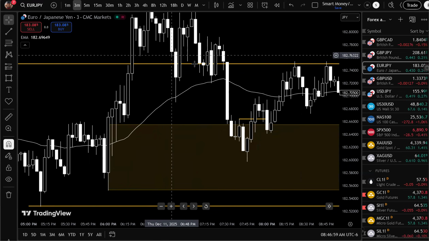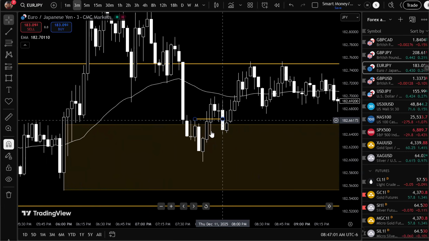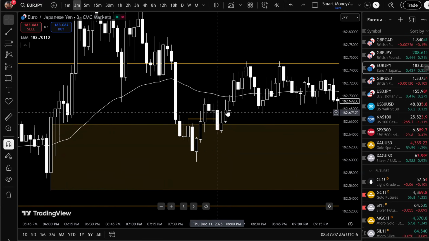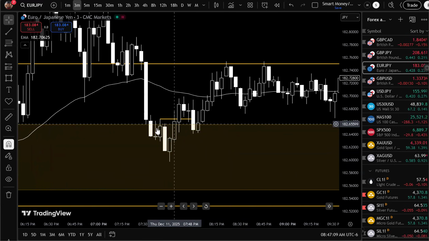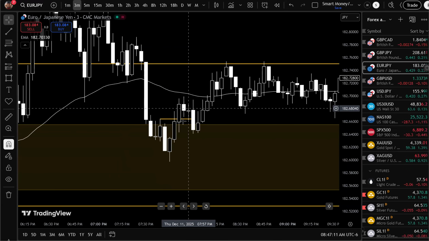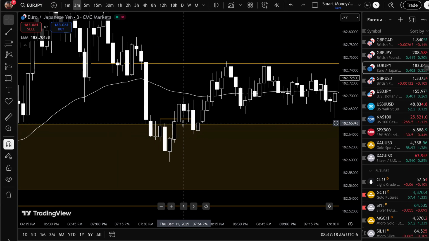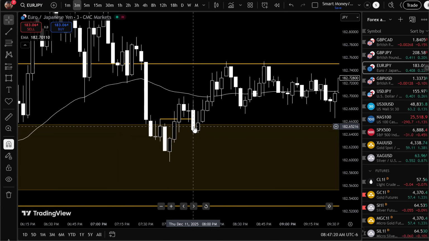Look at this. There we go. See these? Now look, remember I said order blocks are fair value gaps, right? So we saw the fair value gap on that 1 minute, but let's look. We got an order block here. Now I want you to see this because if you're new to order blocks, you might not view this as an order block.